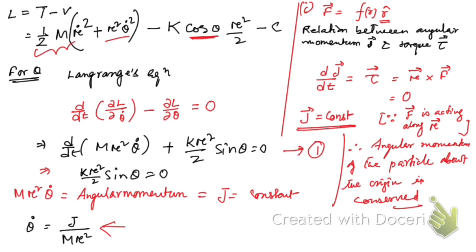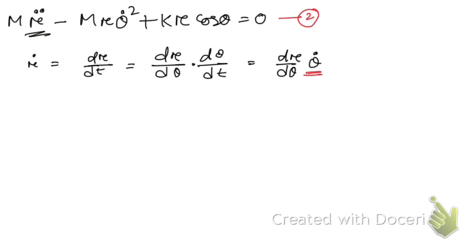So let me copy this. We're gonna use this relation. Instead of theta dot, we're gonna put dr d theta. Instead of theta dot, we're gonna write j by m r square. That's what we have got.